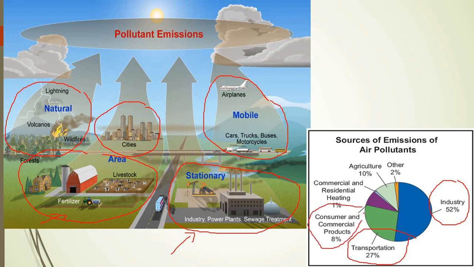Consumer and commercial products create 8% pollution in our atmosphere. Commercial and residential heating covers 1%, agriculture 10% and other 2%. All of that is creating air pollution.